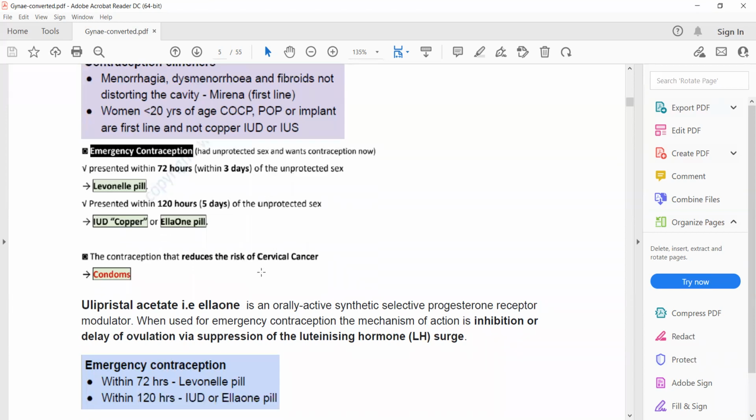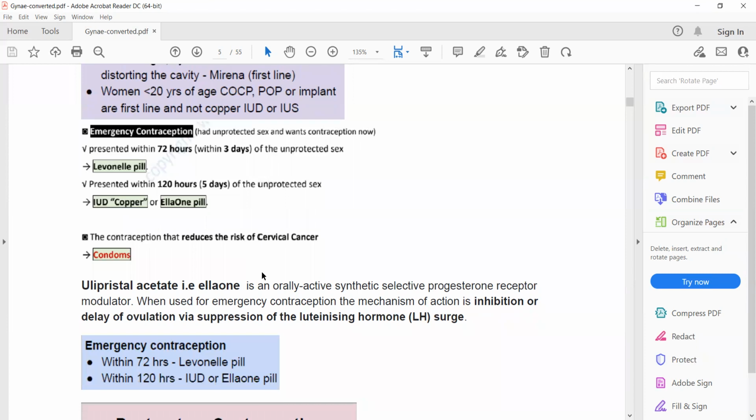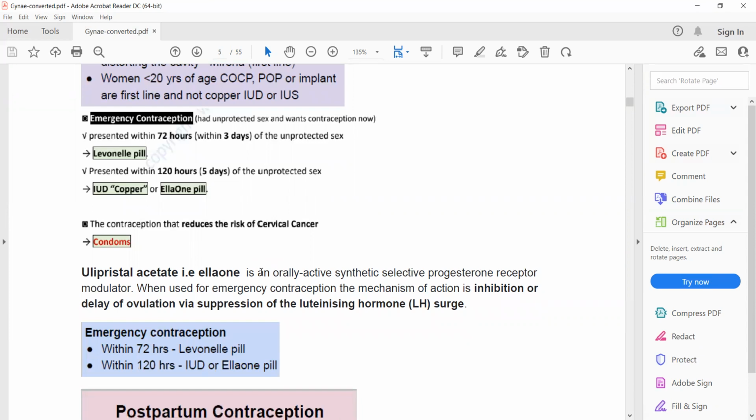Ella1 pill will sometimes be written in the PLAB 1 exam as ulipristal acetate. The other name for Ella1 pill is that it contains ulipristal acetate.